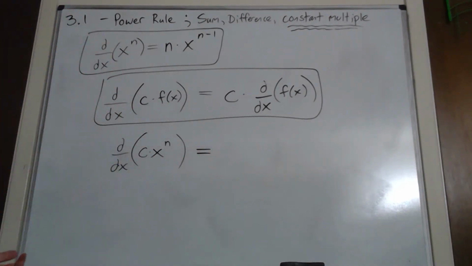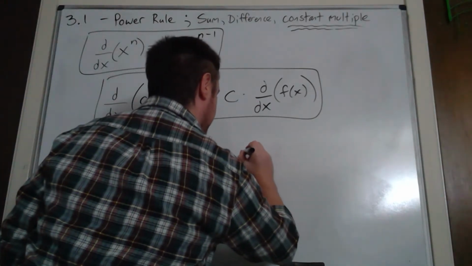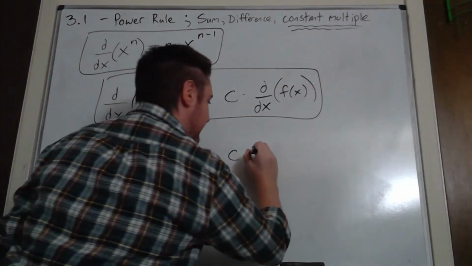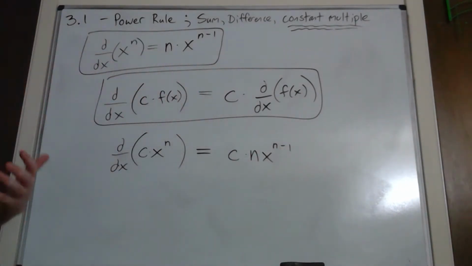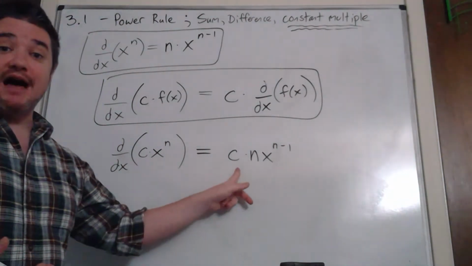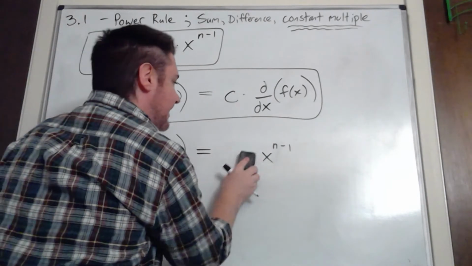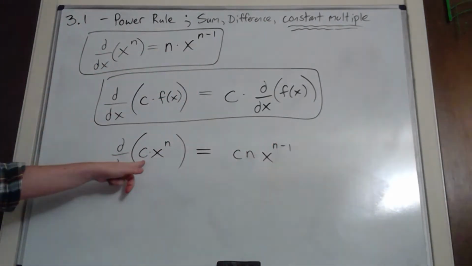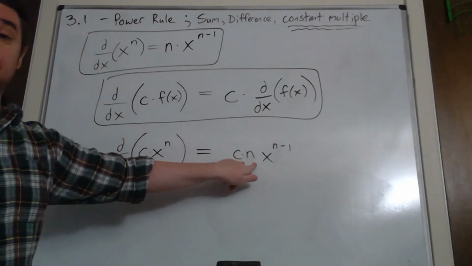What ended up happening, the slow method of doing it, was we pulled the constant out front, c, and then the derivative of this guy was n times x to the n minus 1. Then eventually you're going to take the c and n, that 5 and 3 that we had in the example, and multiply them together, right? So you can think of it like that. If I have an exponent and I have a constant, then the end result is that those guys are going to be multiplied and become the new coefficient.